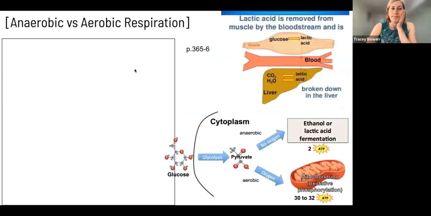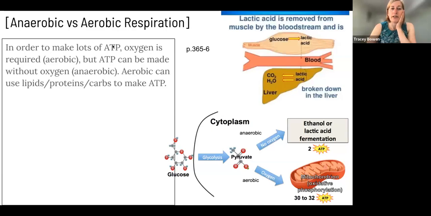So for SL level, you do need to know the difference between anaerobic and aerobic respiration. In order to make lots of ATP, oxygen is required. You don't really need to know this for SL, but HL students, you'll need to know this in way more detail. But oxygen is the final ion acceptor. And so without oxygen, the flow from high concentration to low concentration of hydrogen ions can't happen.